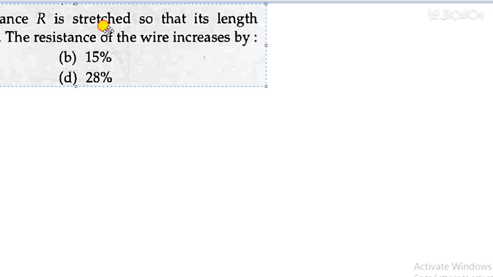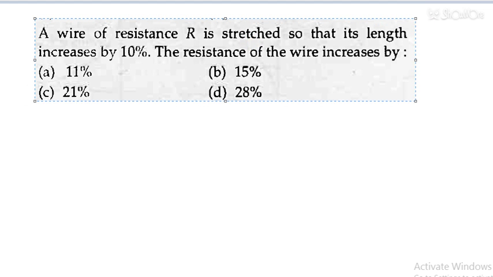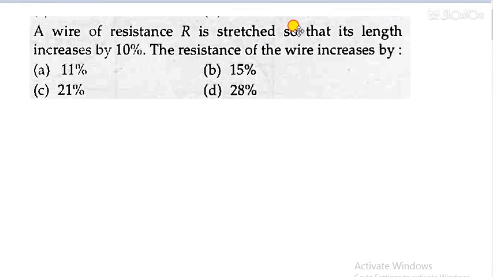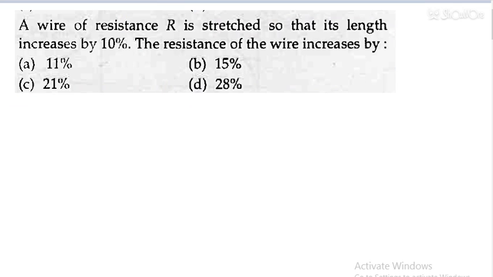So students, here I am going to solve this question. So this is another question. A wire of resistance R is stretched so that its length increases by 10%. So students, let's take a simple example.